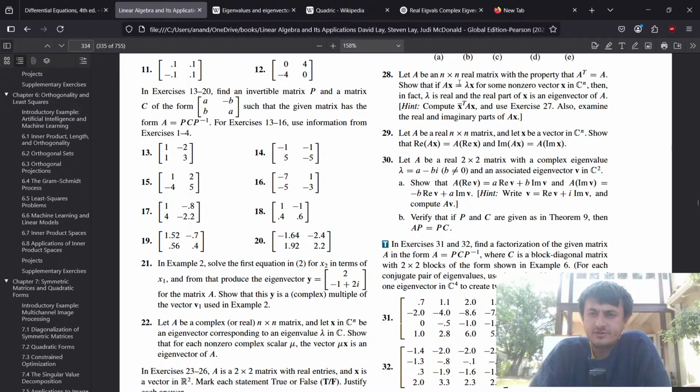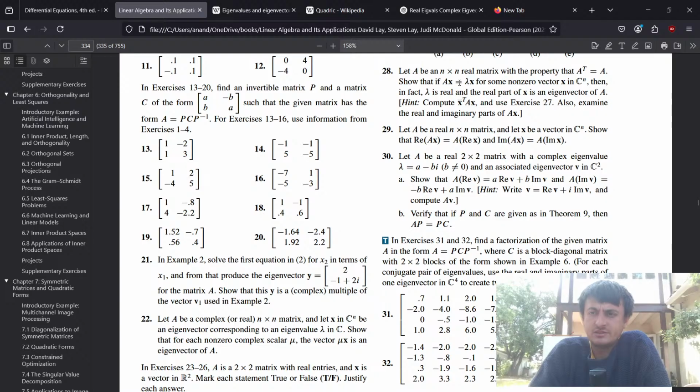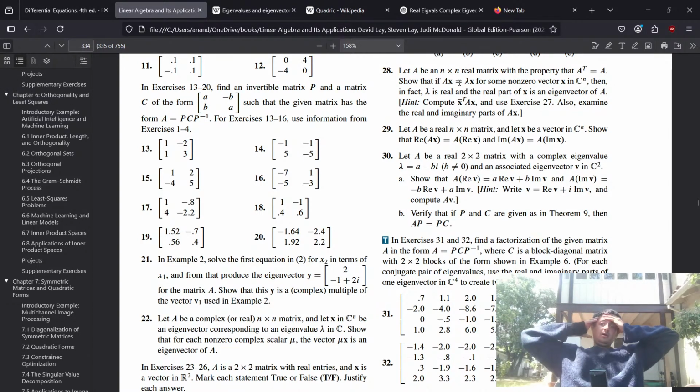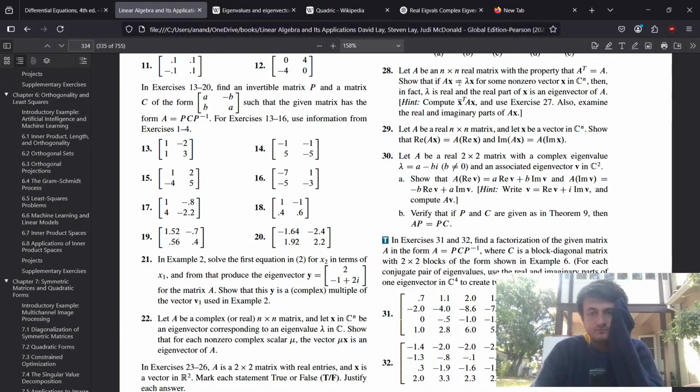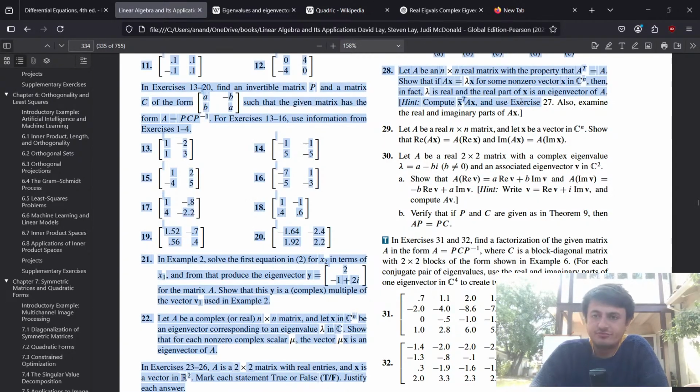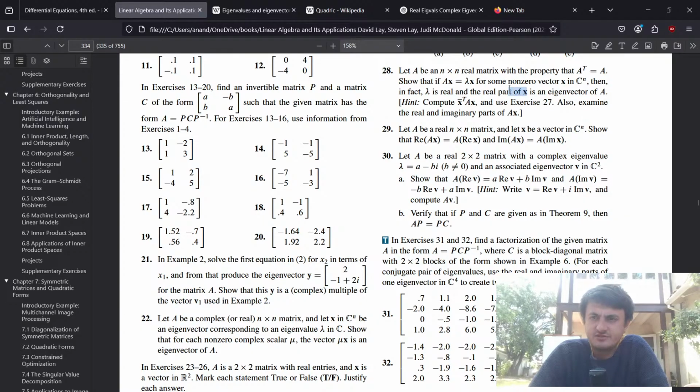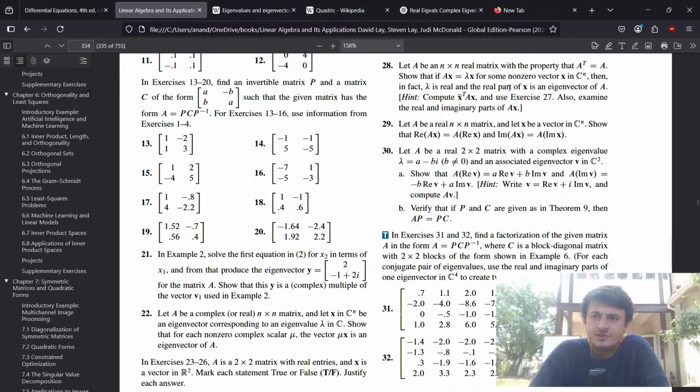Show that if Ax equals lambda x for some non-zero vector x in C^n, then in fact lambda is real, and the real part of x is an eigenvector of A. Oh my gosh, I'm so sleepy.